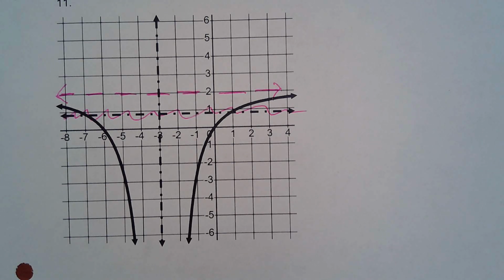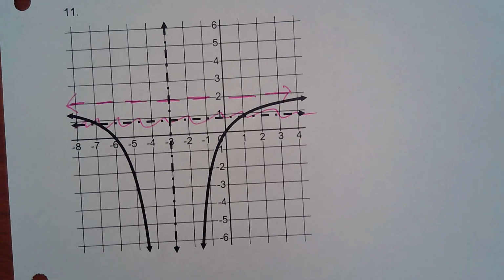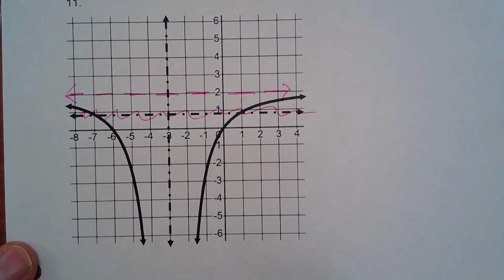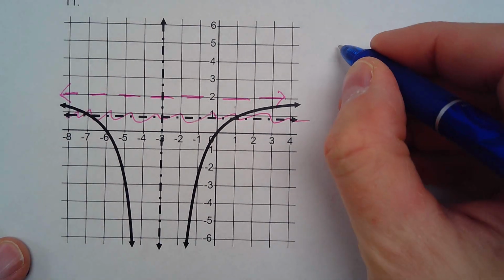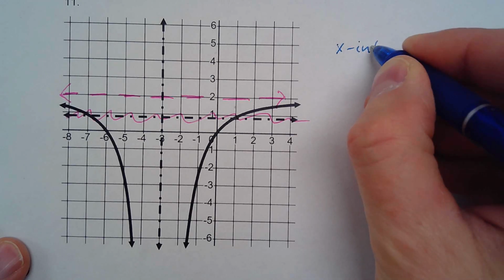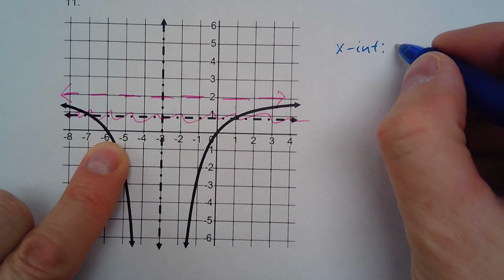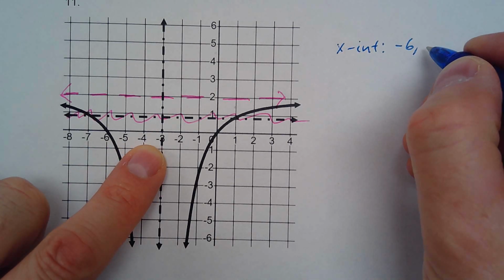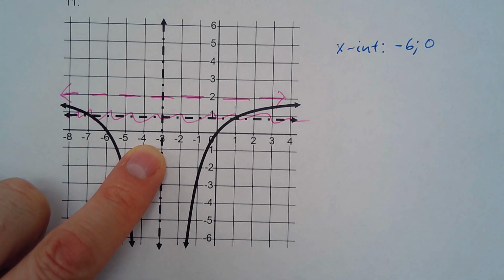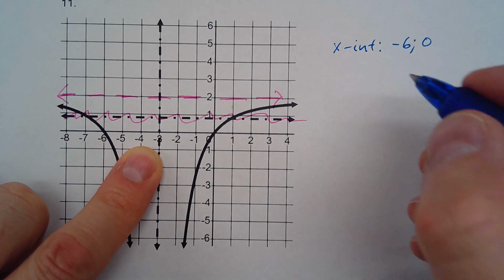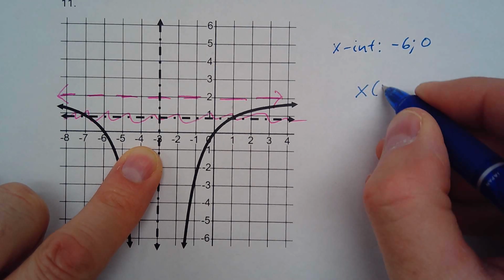So now let's go ahead and build the function. First thing I want to do is look at my x-intercepts. So my x-intercepts, I've got them at -6 and at 0. So their corresponding factors would be x and x plus 6.